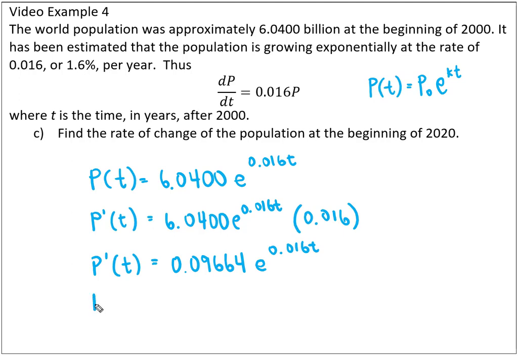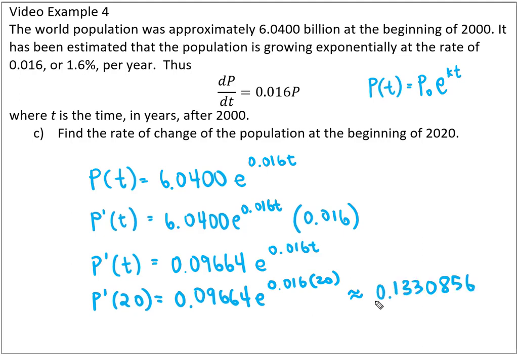Let's plug in 20 into P prime. And then let's use our calculators to find this answer. My calculator says that's 0.1330856. Once again, let's write that with the correct number of digits, just 4 decimal places.